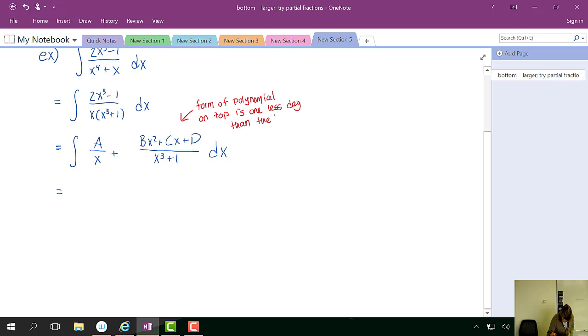Right, the form of the polynomial, it's just a polynomial that's degree 1 lower than the bottom. So in this case, a degree 1 polynomial has a degree 0 or constant above it, and a degree 3 polynomial has a degree 2 polynomial above it.